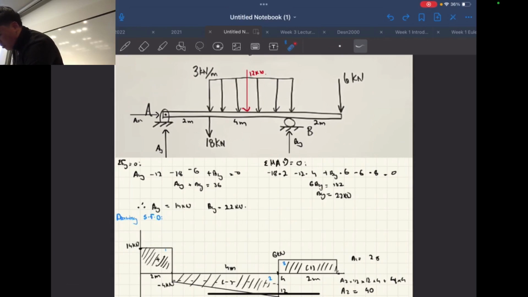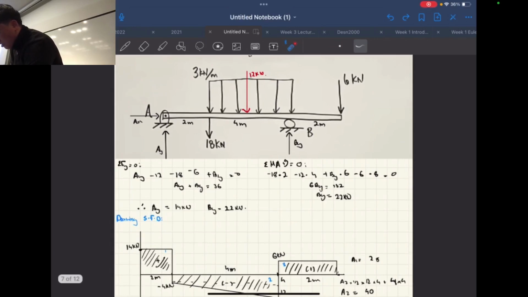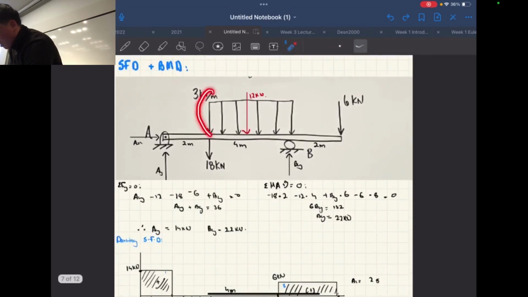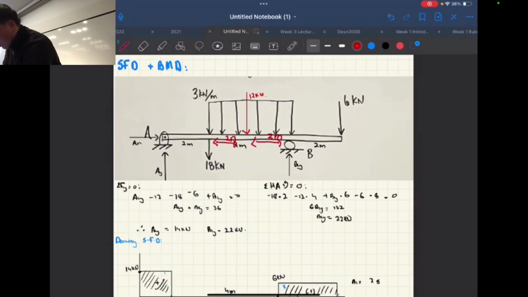Here we have Ay, and then we solve the UDL: the area is 4 meters by 3 kilonewtons per meter, that's 12 kilonewtons acting directly in the center of the UDL, so 2 meters each way.